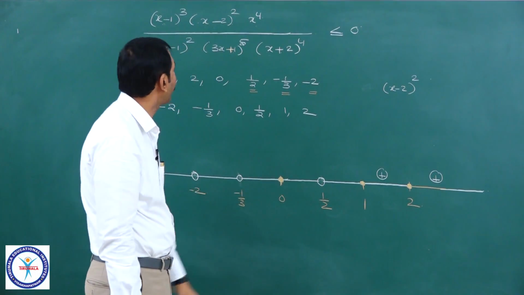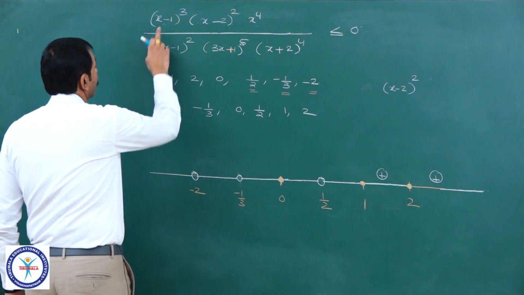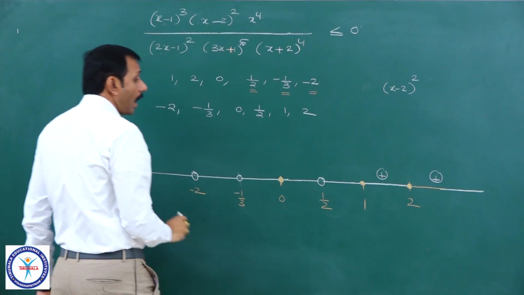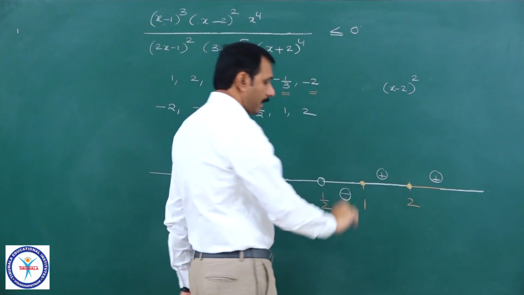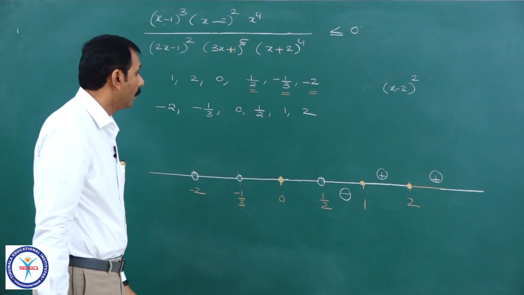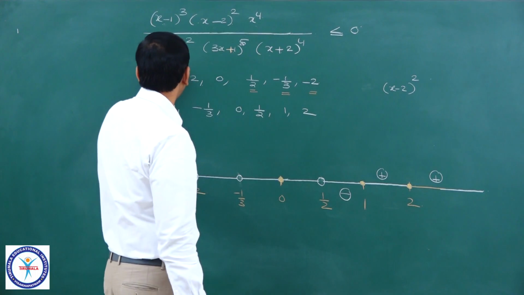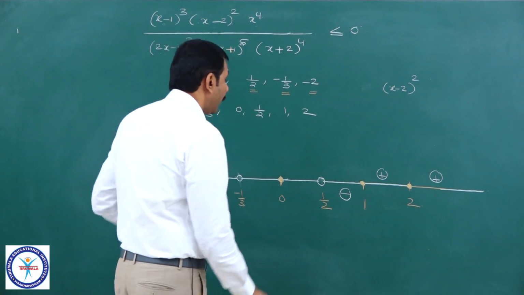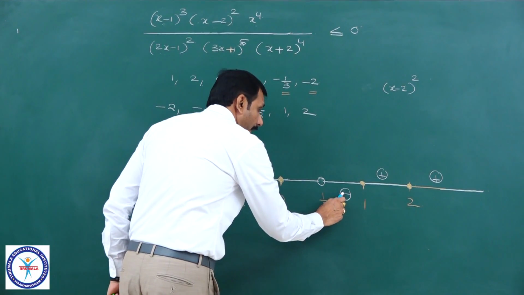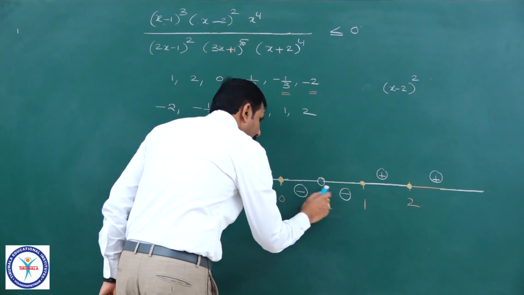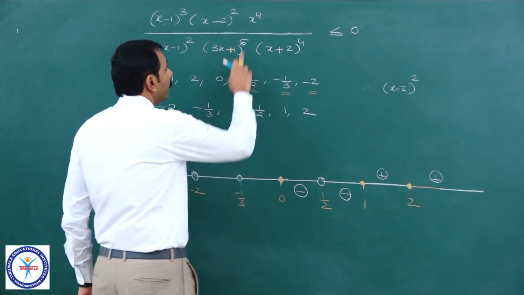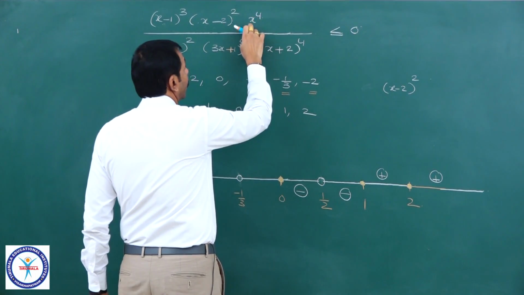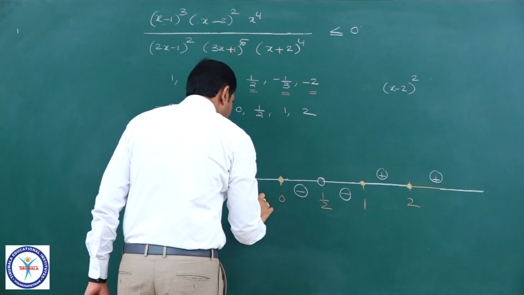Next, 1. Yes, 1 whole power 3 means odd, odd means simple point, so the sign will change, plus to minus. 1 by 2, 1 by 2 is there, whole square is there, means even, double point, the sign will remain the same, minus and minus only. 0 means x minus 0 whole power 4, double point, the sign will not change, minus means minus only.